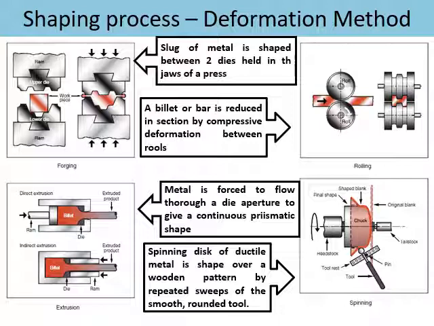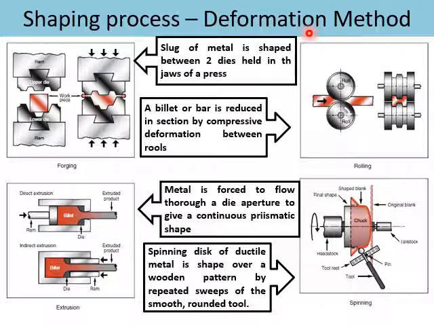In the forging method, heated metal will be pressed using two dies vertically. You have an upper die and a lower die. For the rolling method, the heated metallic bar is rolled to change its shape and size, such as making an I-beam over here.